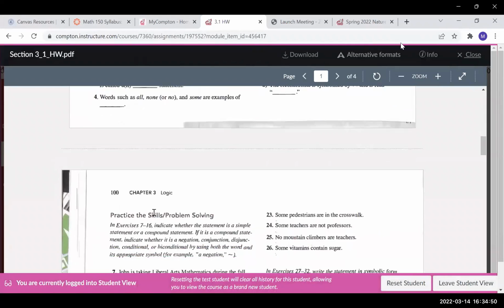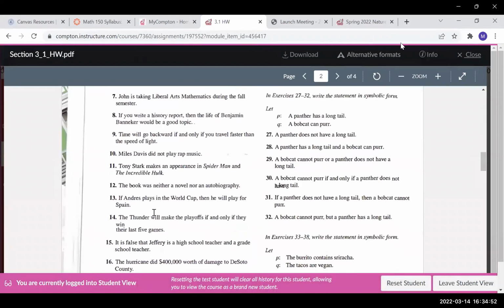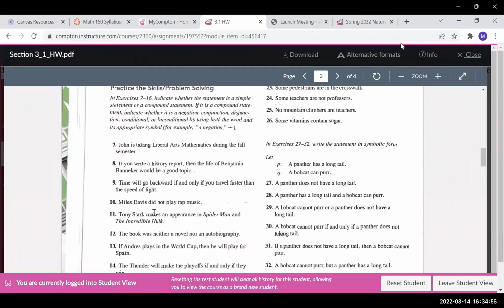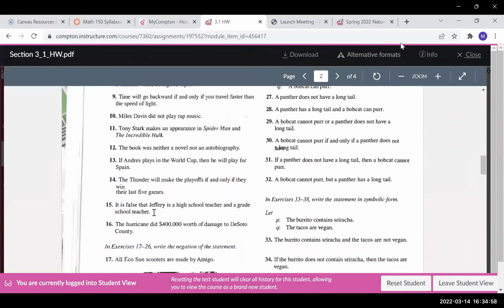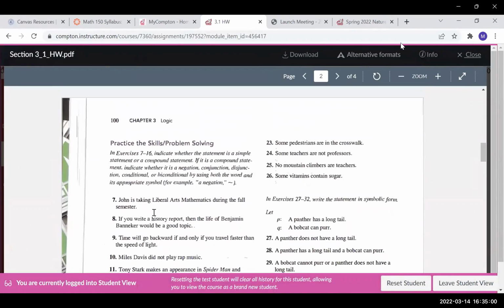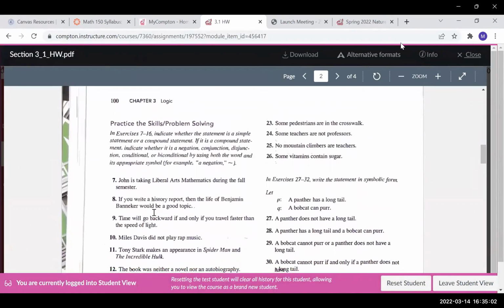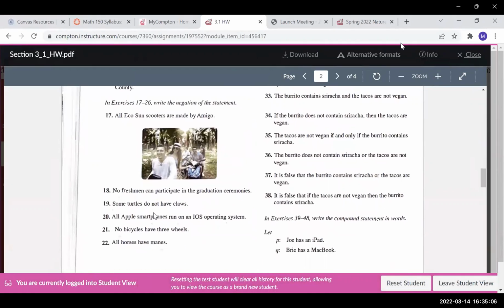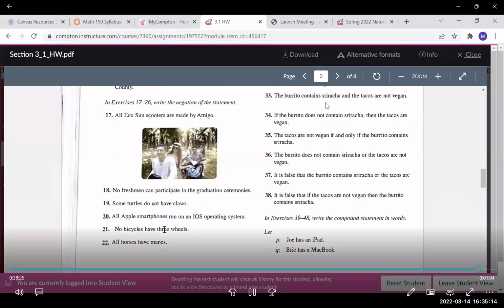Let's see, maybe we can do 7. Those are kind of easy. Let's look at maybe 17, write the negation of the statement. So you have to write it so that it's the opposite.